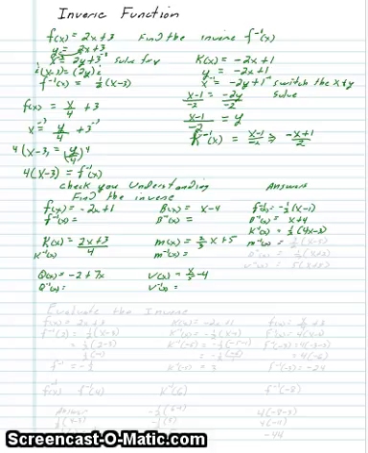The inverse of m is 3/2 times the quantity x minus 5. The inverse of q is 1/7 times the quantity x plus 2. The inverse of v is 5 times the quantity x plus 5.